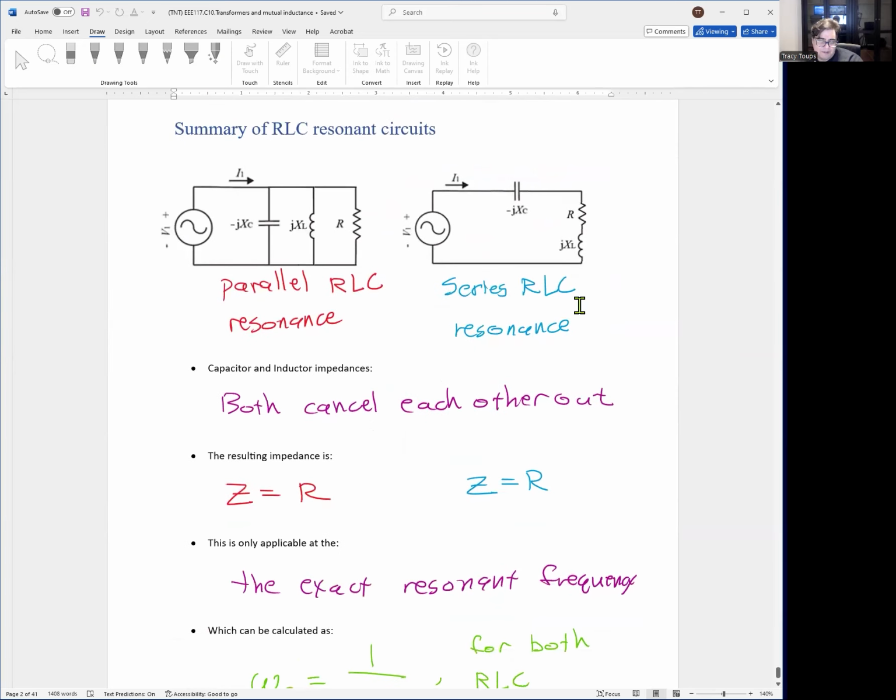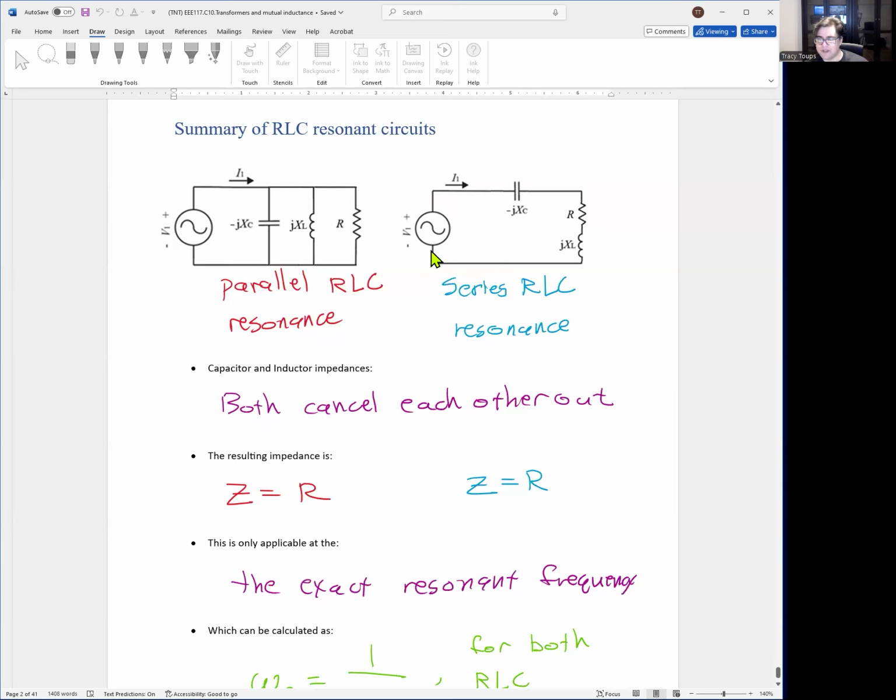I always want to take this really complicated topic, break it down into more simplistic physics terms so we all understand, and then the math crunches in nice and neat. So, a summary: a parallel RLC resonance is where the resistor, inductor, and capacitor are all in parallel. A series RLC resonance is where the inductor, resistor, and capacitor are in series.